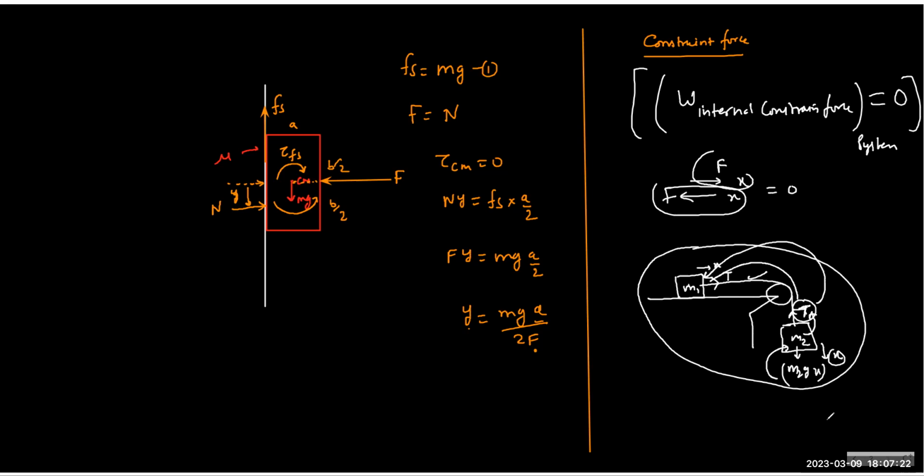Block. So if I draw a diagram to demonstrate the same concept, I have a block attached to a spring passing over a pulley, and now it is attached to the block M2.